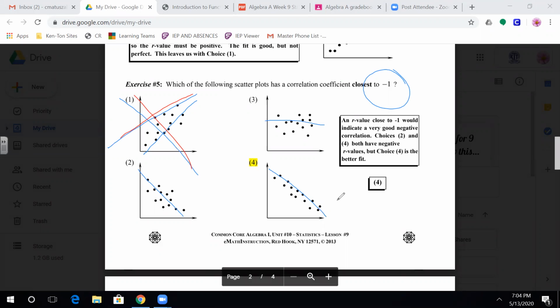The values are all over. There's pretty much no correlation, so it can't be that. 4 is also negative, but we want the one closest to -1, so where all the dots almost fit on my line. So that would be 4, because remember, the dots will fit on the line more perfectly, closer to 1 and -1.